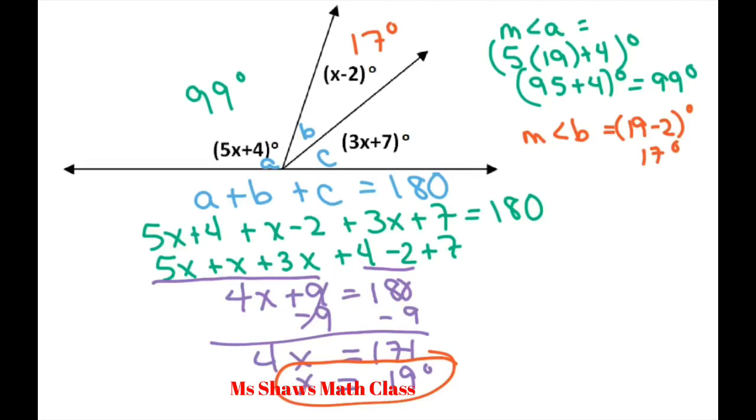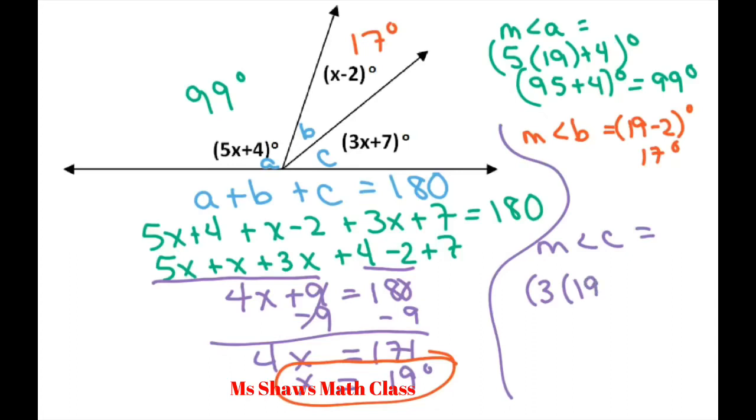And the measure of angle C is equal to 3 times 19 plus 7. So that's going to be 3 times 20, 60 minus 3 is 57, plus 7 degrees, which equals 64 degrees.